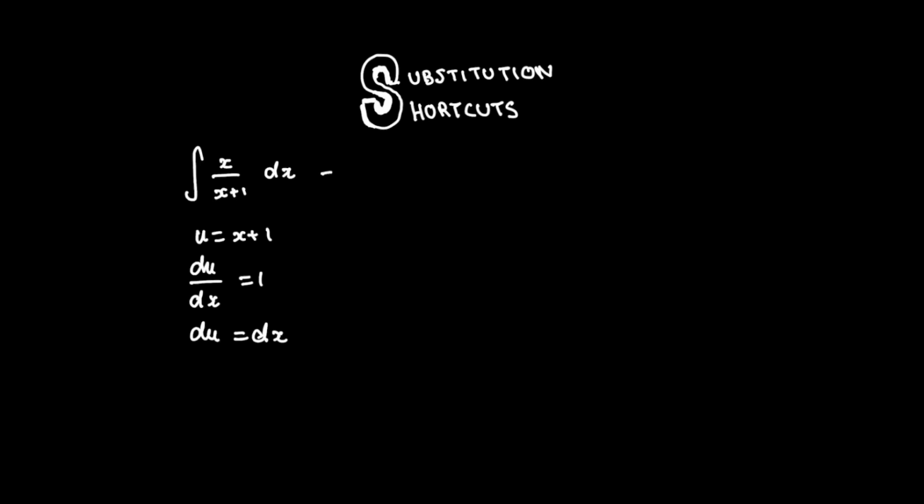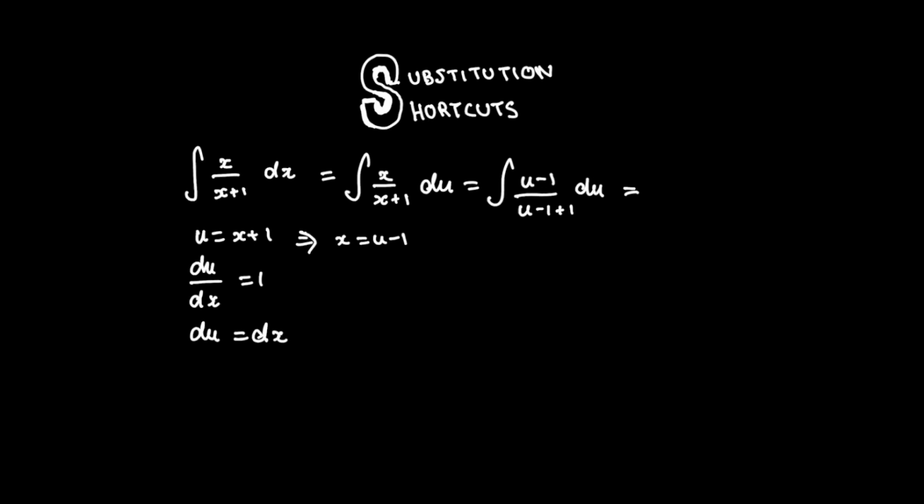So this can be written as, substituting the u terms in, the integral of x by x plus 1 du. Here we can see that we can't really cancel out the x terms, so we're going to convert the x terms into u terms. To do that, we write this equation in terms of x, so x is equal to u minus 1. So we can write this as u minus 1 by u minus 1 plus 1 du. This would be equal to the integral of u minus 1 by u du.